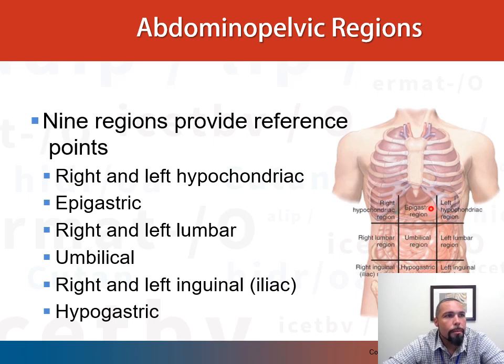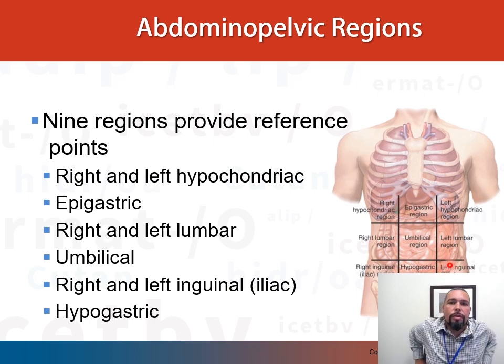If we go up, epigastric region. To the right of that, right hypochondriac, left hypochondriac, and then left inguinal or iliac region. This is because iliac is your iliac crest.